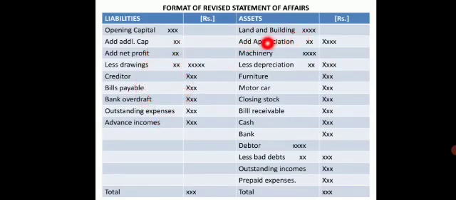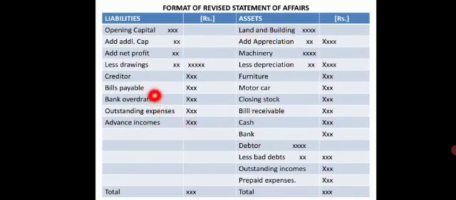Next, land and building: if appreciation is there, add it. Machinery: if any depreciation is given for fixed assets, deduct it. Then you will show all the current assets. For debtors, you have to show all the adjustments. So this is exactly the format of the revised statement of affairs.